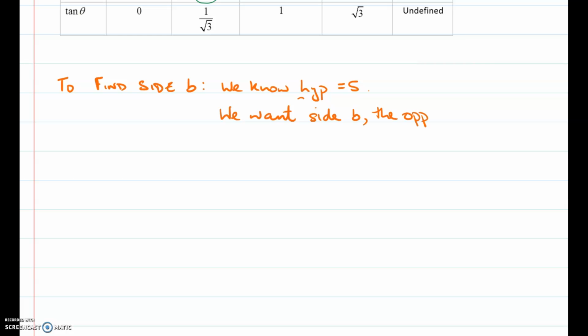So you're trying to think what ratio involves hypotenuse and opposite, and it's sine. So we're going to use sine of 30 degrees because hypotenuse and opposite are the two sides that are involved here, and they're both used in the sine. So let's write out the sine relationship. Sine of 30 degrees is going to be the opposite, which is b, over the hypotenuse, which is 5.